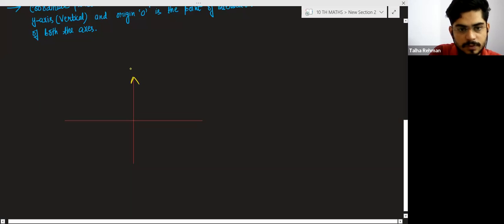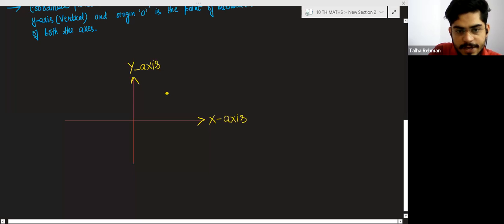We know that this vertical line is y-axis, and this horizontal line is known as x-axis.